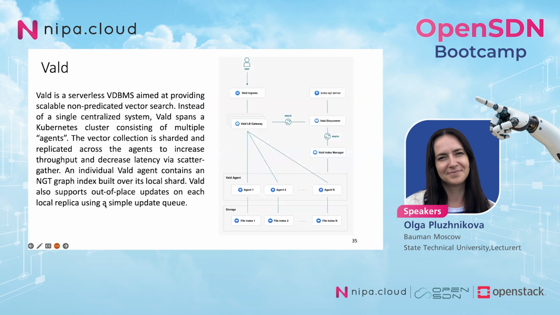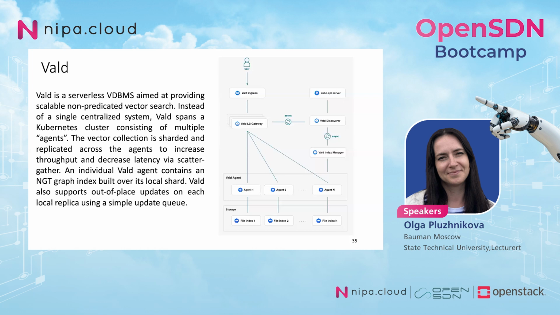Let's see Vald. Vald is a serverless vector database aimed at providing scalable non-predicated vector search instead of a single centralized system. Vald spans a Kubernetes cluster consisting of multiple agents.